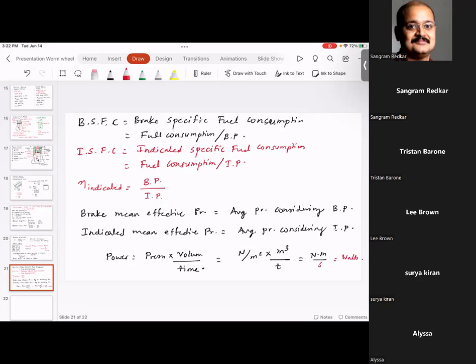If you substitute indicated power, the pressure that you get is the indicated mean effective pressure. If you substitute the brake power, what you get is the brake mean effective pressure. And those two are typically defined based on the engine design and the requirements.